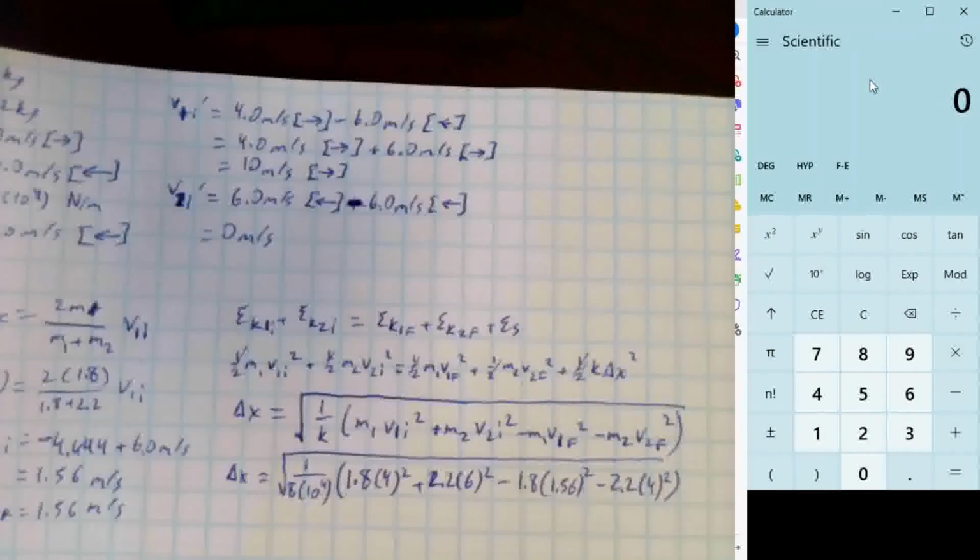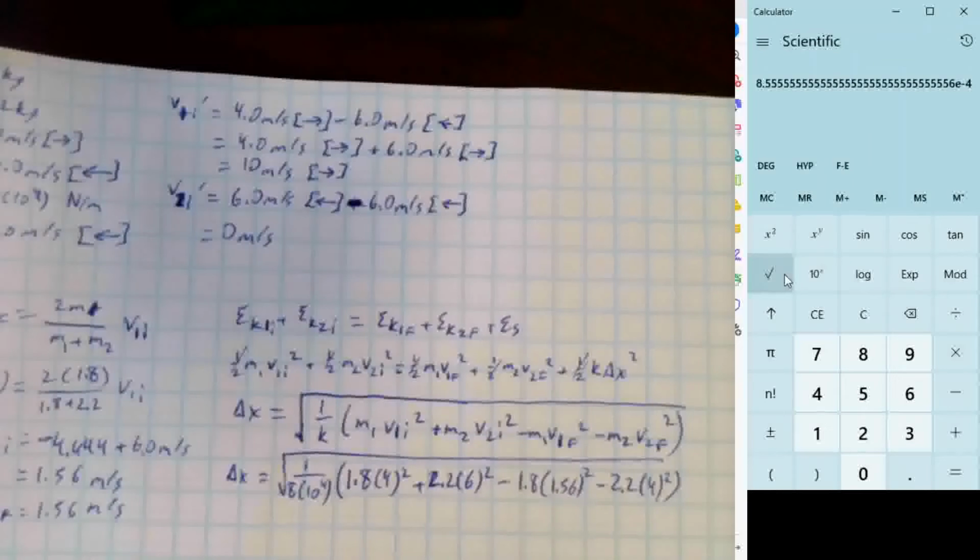So I have 1.8 times 4 squared plus 2.2 times 6 squared minus 1.8 times this value squared minus 2.2 times 4 squared. Okay, so that gives me 68.44444. So that divided by 8 and divided by 10 to the power of 4 gets me to this value.